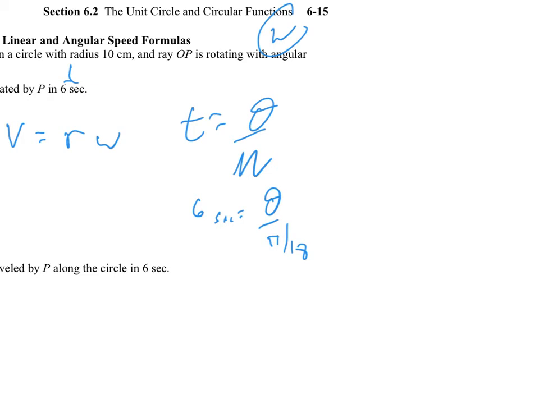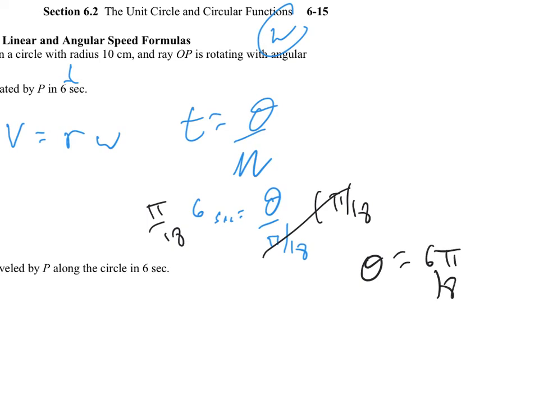Multiply both sides by pi over 18. Theta will be 6 pi over 18. That will give me pi over 3 radians.